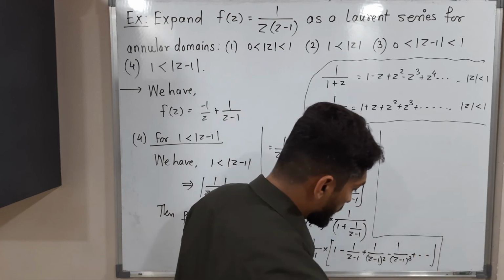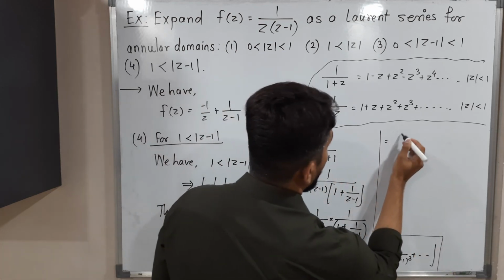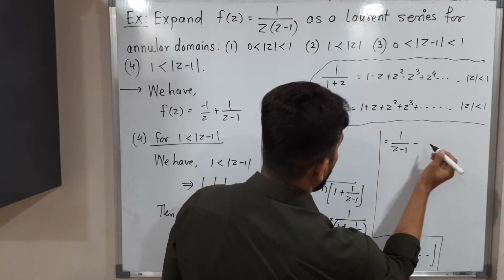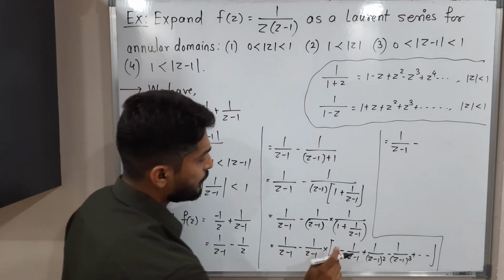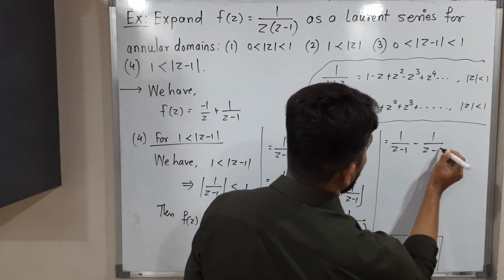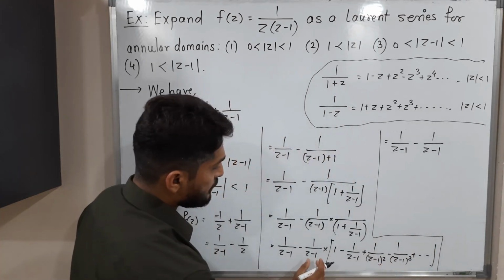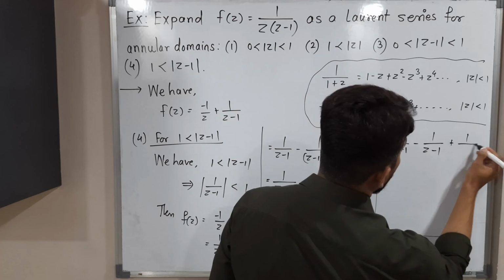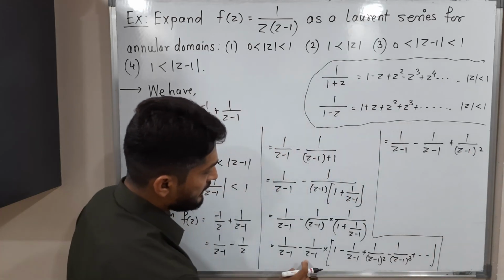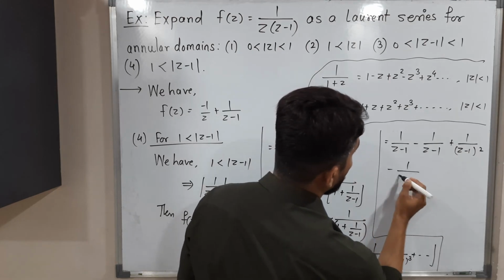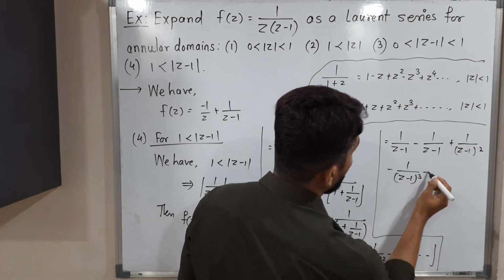But we can work on it further. 1 upon z minus 1 minus, let us simply multiply and solve this bracket. This one into 1, you will have the same. If you multiply the second term by this one, minus minus plus 1 upon z minus 1 square. If you multiply the third term by this one, you will have minus 1 upon z minus 1 cube plus and so on.